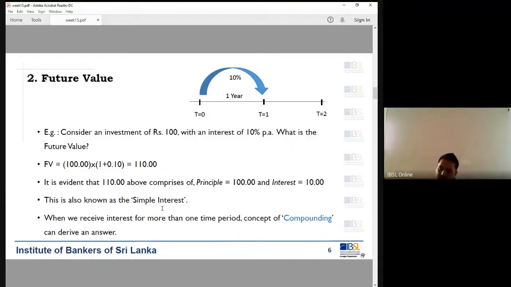Now, this is a simple example of us receiving 10% for a single time period. But what if we receive the interest for multiple time periods ahead? This is the last point that we're going to stress here. When we receive interest for more than one time period, the concept of compounding is going to deliver an answer. The compounding concept is where you add more than one item to the previous item.